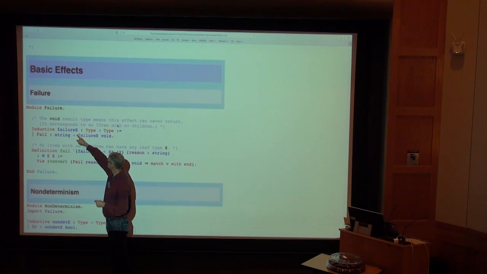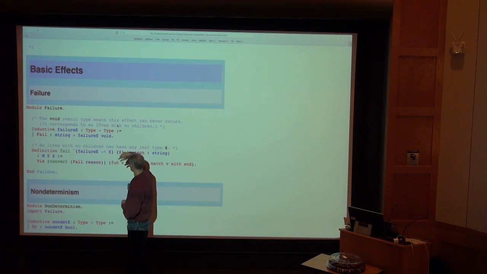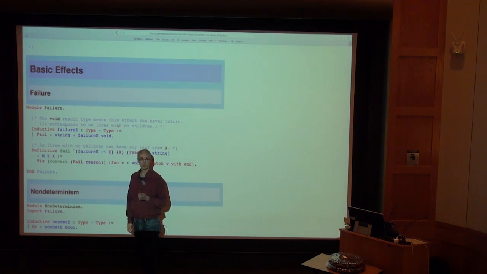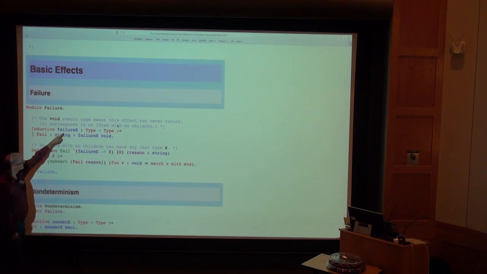So here, for example, is a type failure E. It's actually a type family, so it's a function from types to types. The type argument indicates the result type of each event. And so failure E is the event type corresponding to failures. It has one constructor, capital Fail.